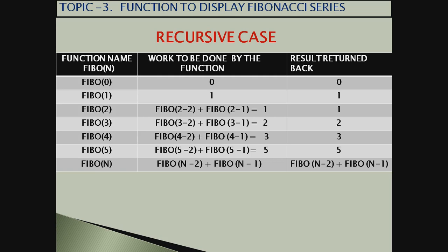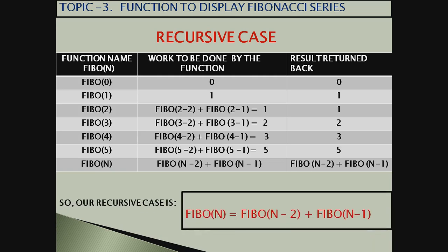So we have got our expression for the recursive case. What is that expression for the recursive case for us? See, FIVO_n would be written in the code as FIVO_n minus 2 plus FIVO_n minus 1. So we have got our terminating case for finding the Fibonacci series, and we have also got the recursive case for finding the Fibonacci series.